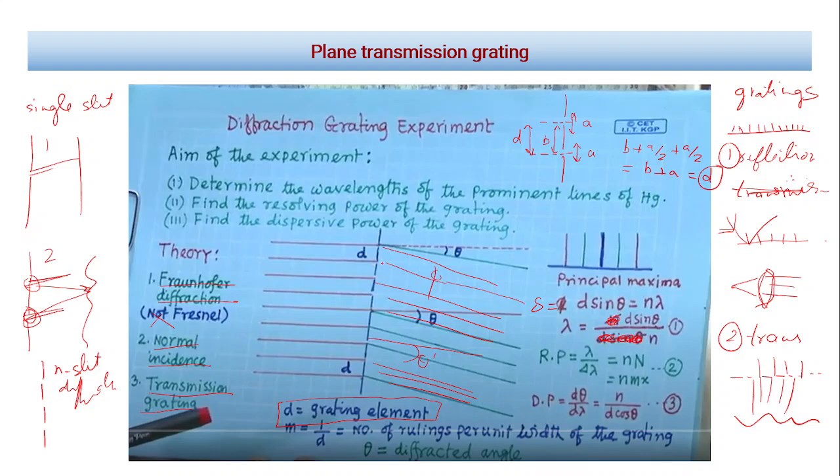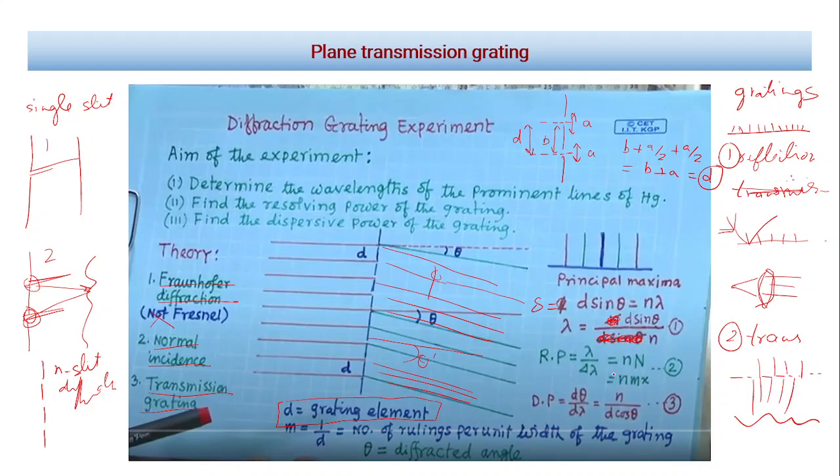But in many numericals, we assume that if our grating is 2 centimeter, then light is hitting all 2 centimeter, and in that case we consider N as the total number of lines in this grating. So we need to keep in mind how much length of the grating our light is hitting. Otherwise this is the total number of lines on the grating.